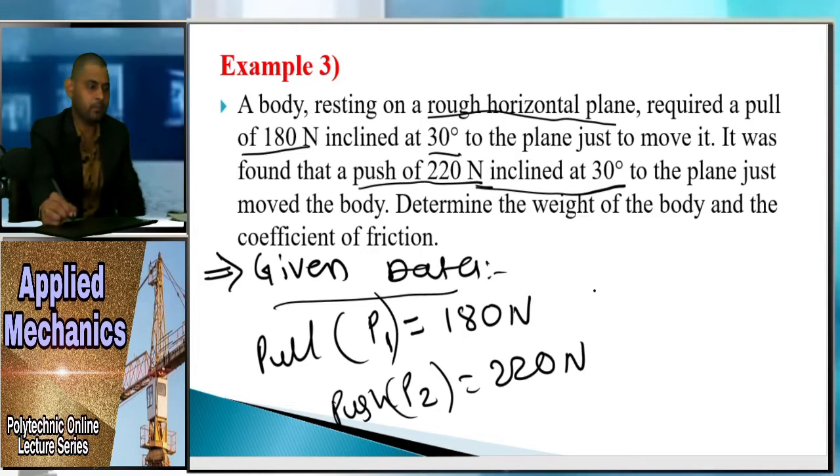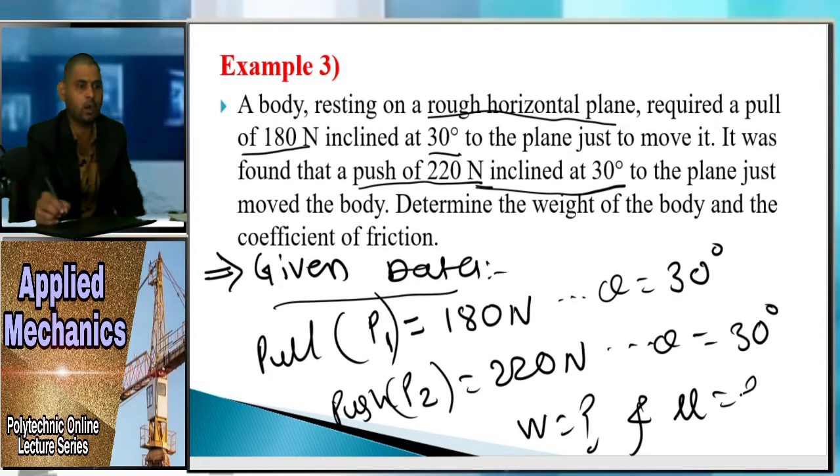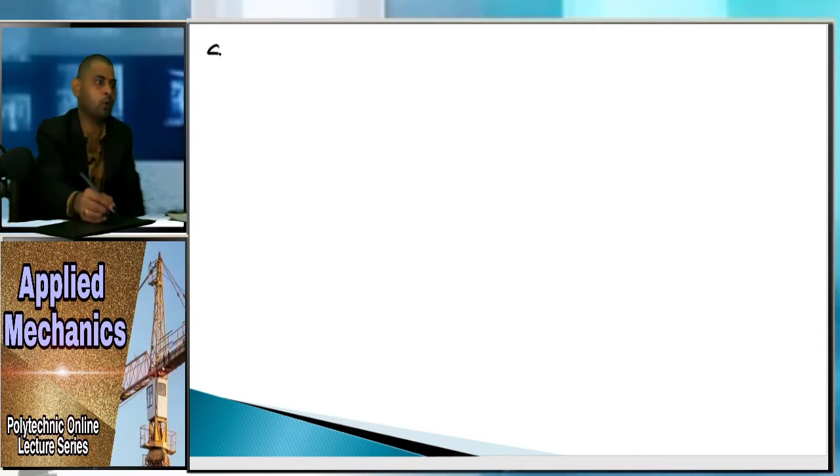And for this force the angle is given as 30 degrees, and for this also the angle is given as 30 degrees. Now we have to find out W, how much, and the coefficient of friction mu, how much. So now we have to follow our steps.